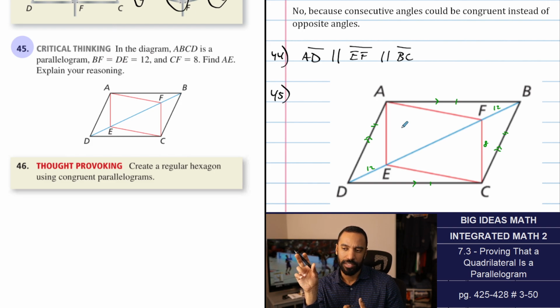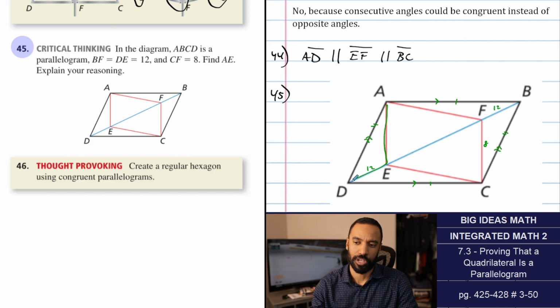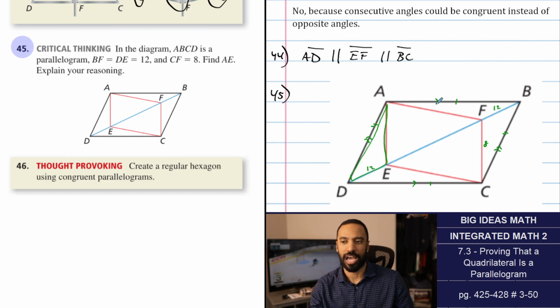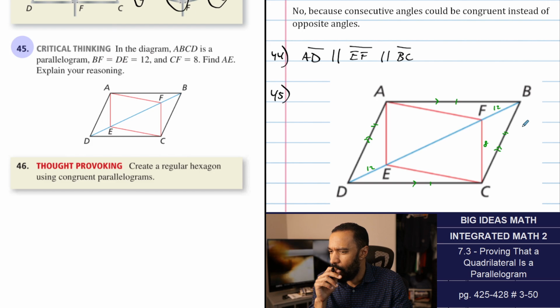I'm trying to show that these two triangles are congruent, basically. I think there's got to be enough there somewhere to do that. I don't want to use the 12s and just say, therefore, this must be a parallelogram. Something inside here must require that.